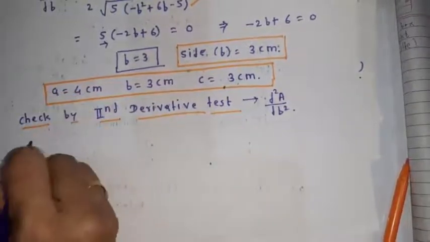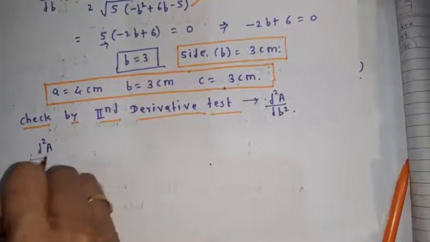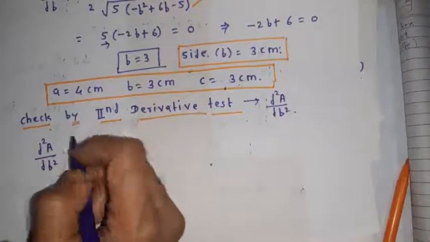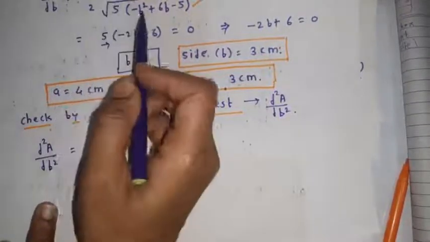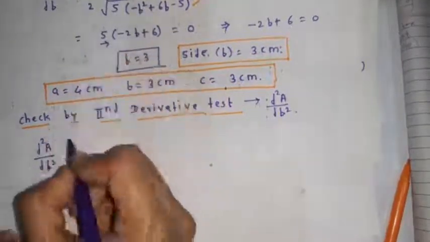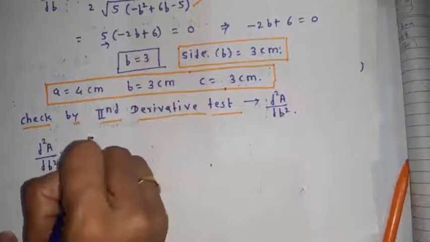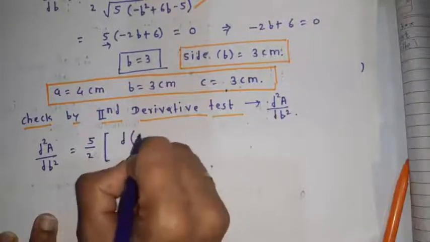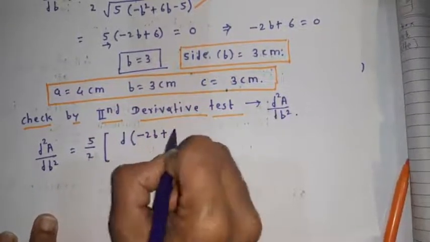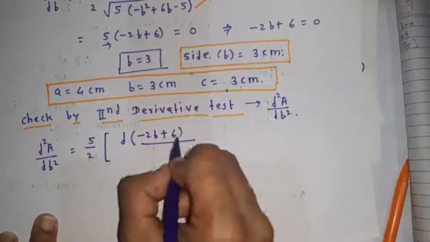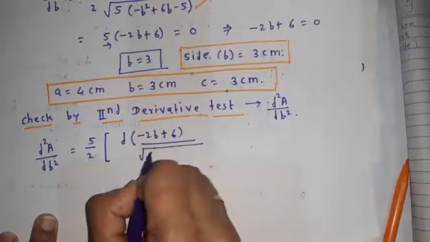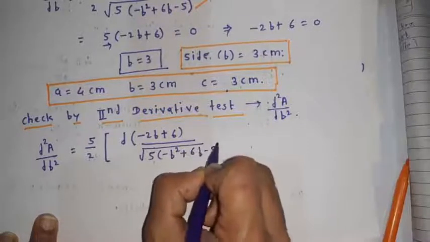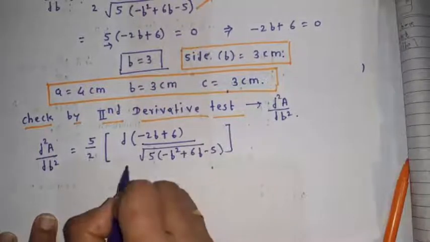So d square A upon dB square means the differentiation of dA by dB, which is equal to this. Now differentiating this, we get 5 upon 2 as a constant, times the differentiation of minus 2b plus 6 upon the square root of 5 into minus b square plus 6b minus 5, with respect to b.